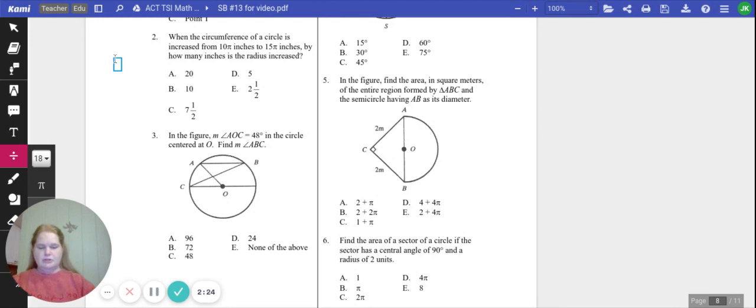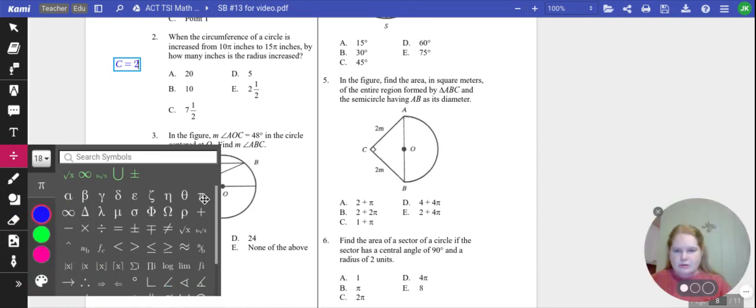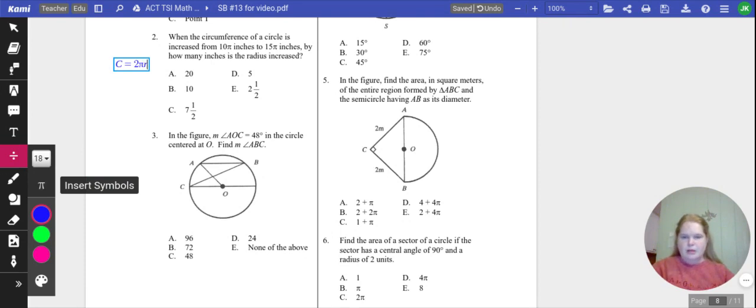So we know the circumference formula is 2 times pi times r, the radius. 2 pi r is the circumference of a circle.